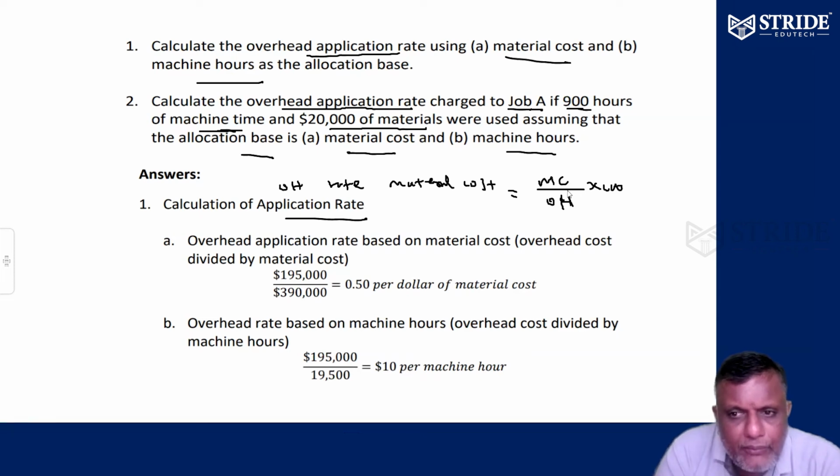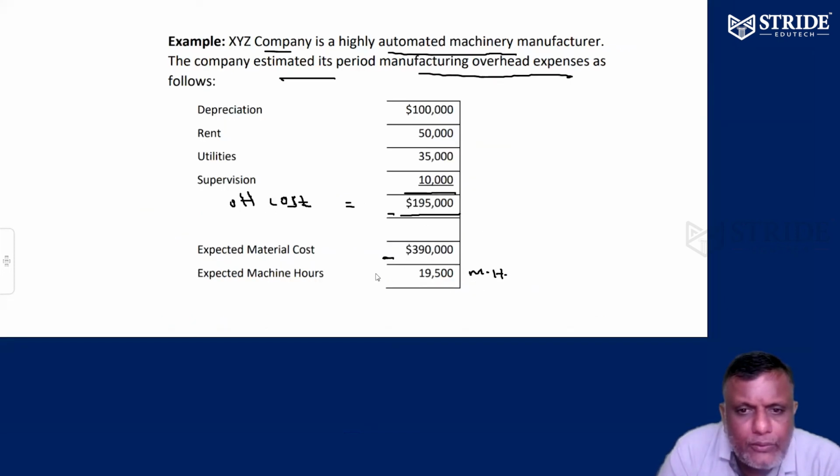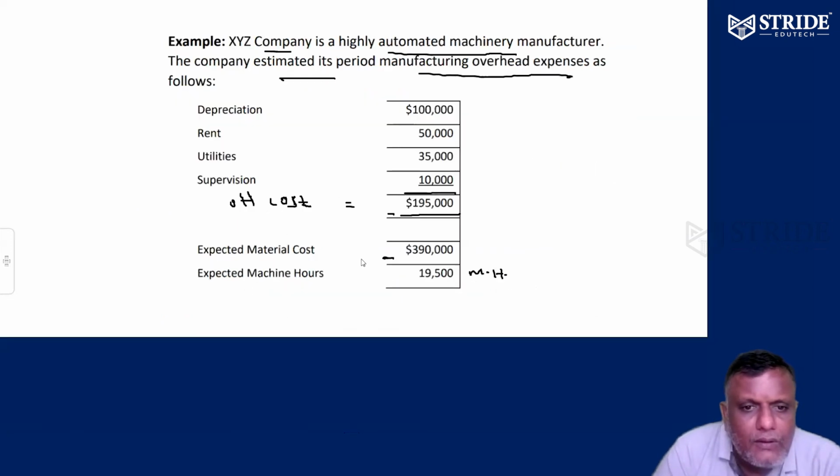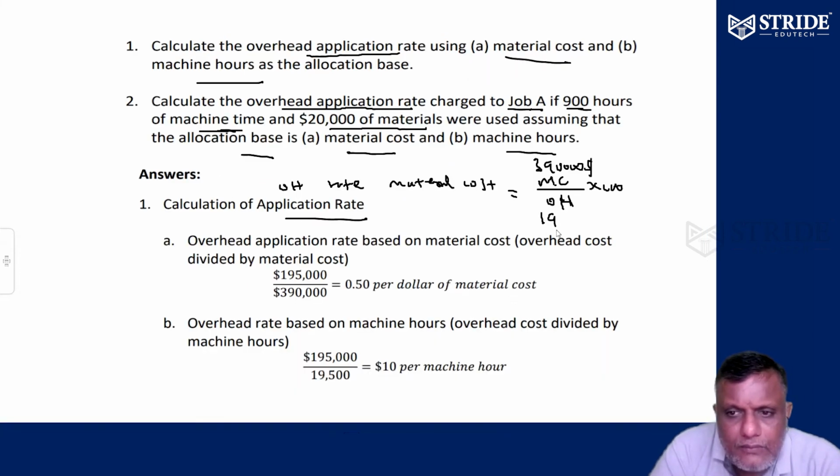Suppose your factory material cost is $380,000 and overheads are $195,000. So material cost to overhead is how many times?